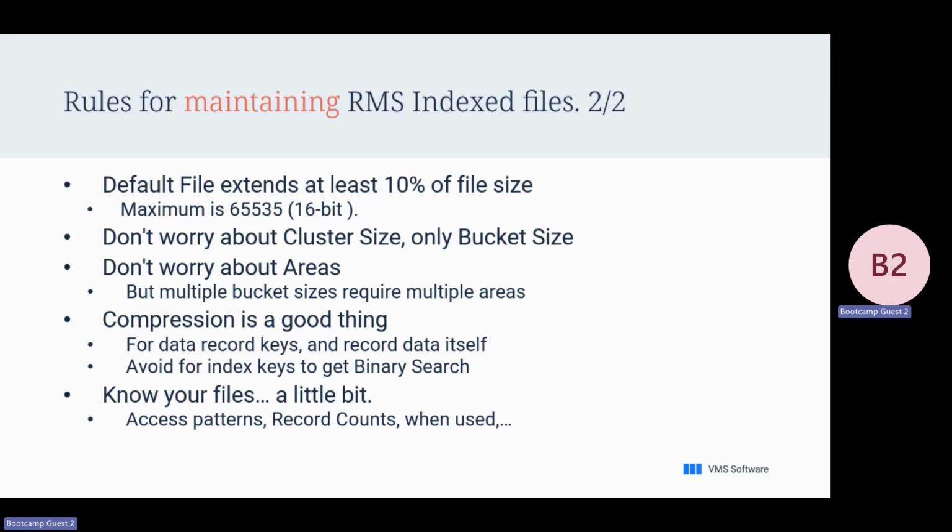So we'd better pre-allocate. From my perspective, don't worry about cluster size. And on the next talk, I'll tell you why you would worry about cluster size, but you have to keep that separate. Here I'm telling you, don't worry about cluster size. Because bucket size, we're talking index file, bucket size defines the performance.